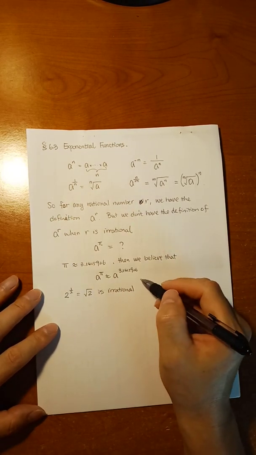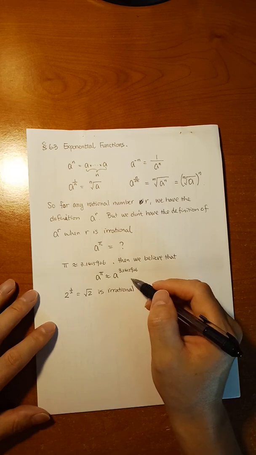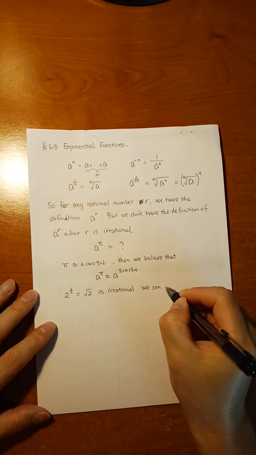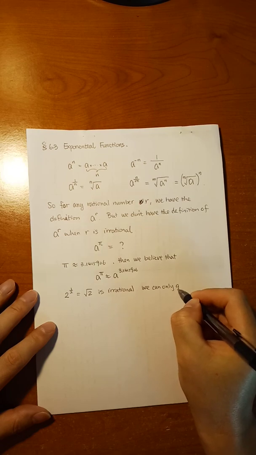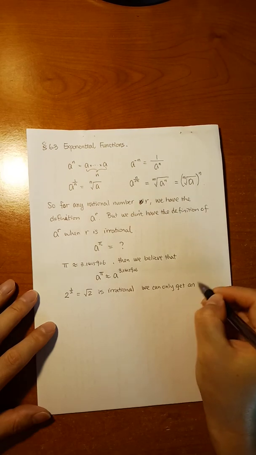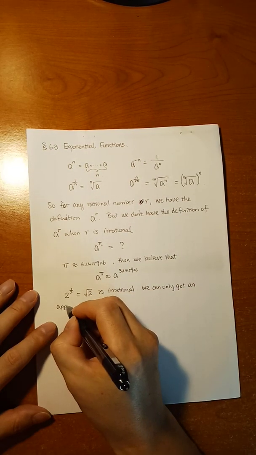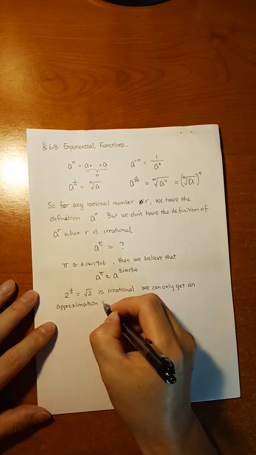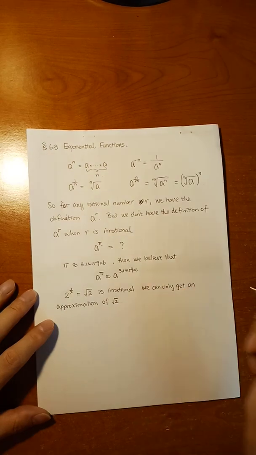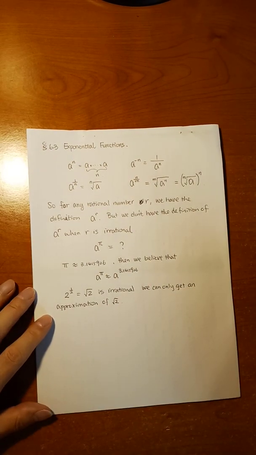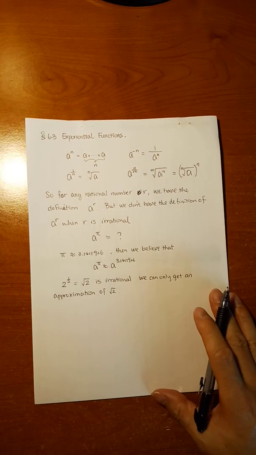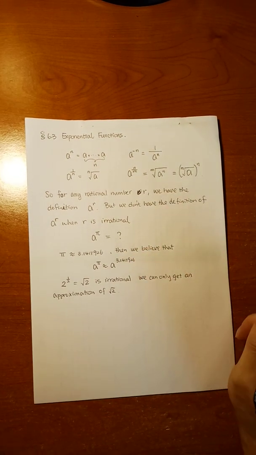So it does not lose a lot of information, right? We can only get an approximation of the square root of 2. If we don't get a precise value, we just use approximation. This is a good enough way.